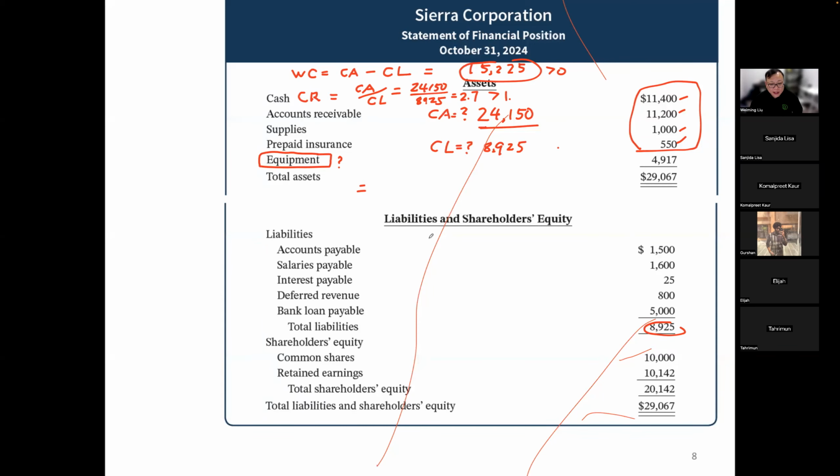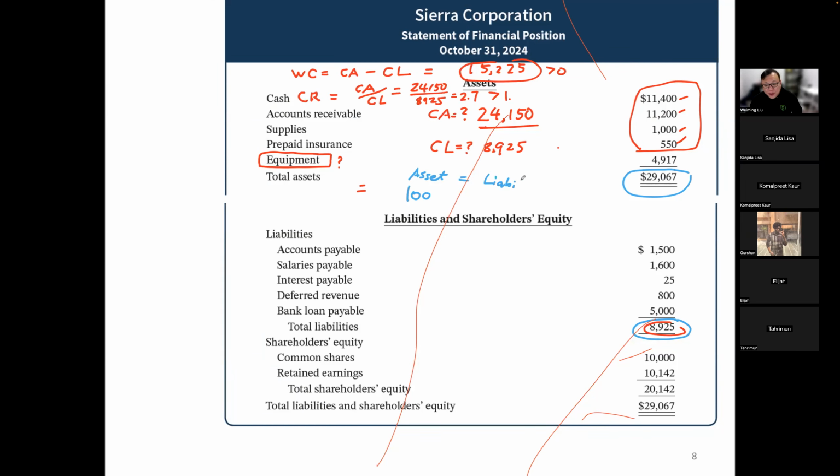So this one is the liability to total asset. I use my total liability divided by my total asset. So you get 0.30, 0.31, right? So what does that mean? That means if your company has $100 of assets, how many of that will be liability?